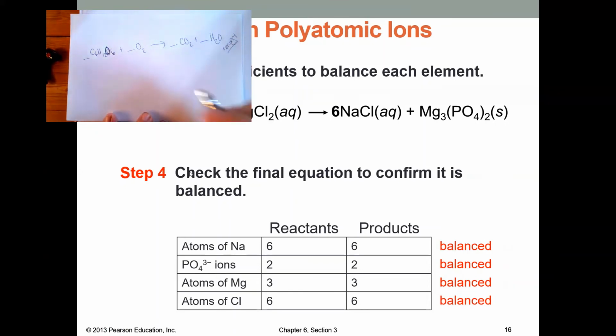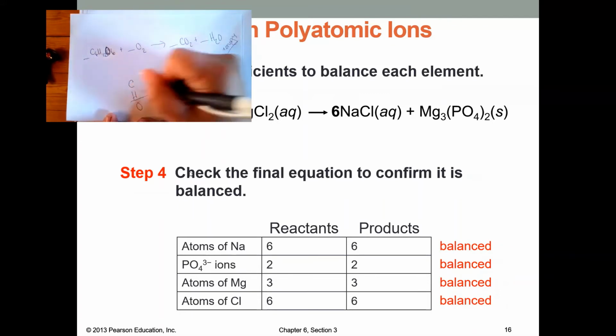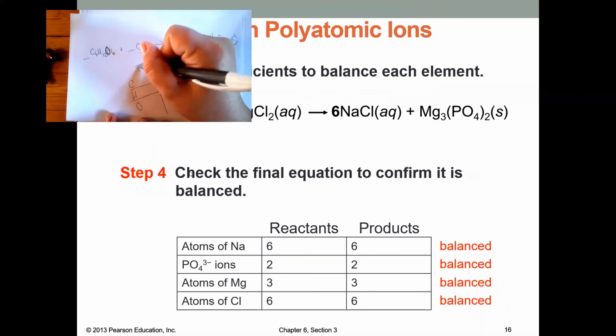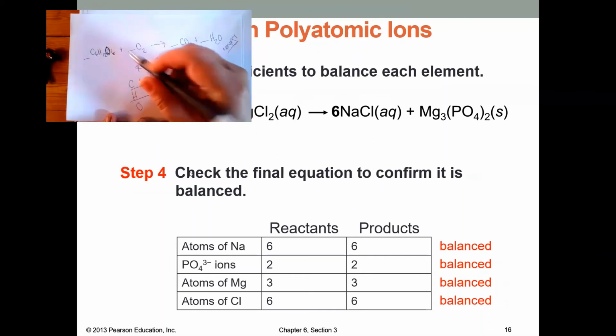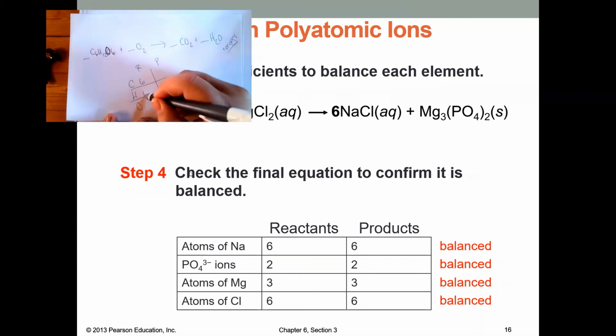So if I make myself a list, C, H, and O, that's all we're using. And I have my reactants and my products here. Currently what I have is 6 carbons, 12 hydrogens, and now I have 6 plus 2, so 8 oxygens.